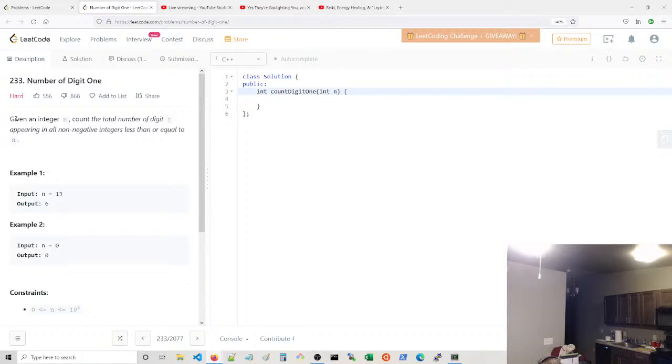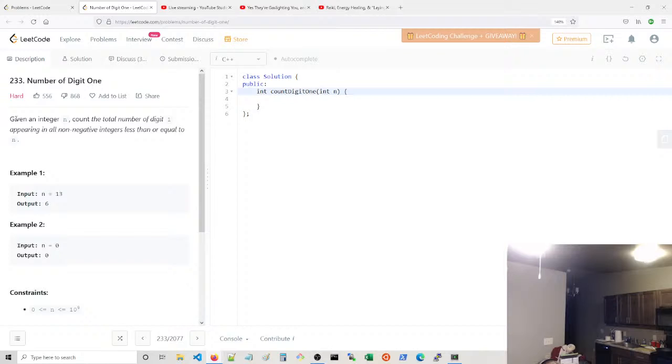So multiply by 10, so you have 1 times 10, and you also have another 1 10 times as well, because you have 10 through 19, right? So there's 10 of those where you have a 1 there as well. So 10 through 99, you have 10 ones in the 1's digit and then 10 ones in the 10's digit. That gives you 20.